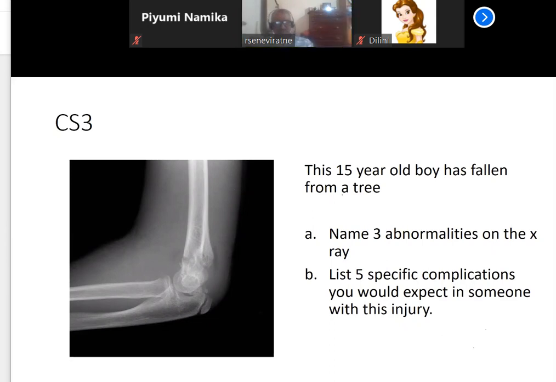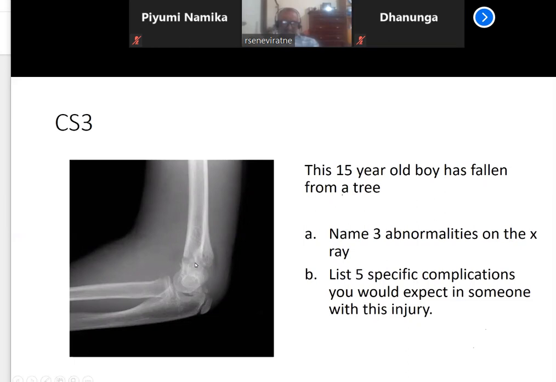Fat sign. Yeah, olecranon, no. Be very careful of these things, right? Young people have unfused epiphysis, so you must recognize epiphysis from fracture. That's a very common pitfall. Anybody? Fat pad sign is there.